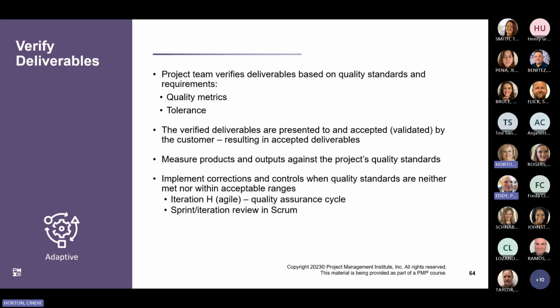Iteration H is a special iteration that occurs at the end of a program increment in the Scaled Agile Framework. It serves several important purposes, two of which are innovation and learning, and it helps to enable the team to focus attention on improving processes and to engage in learning activities to perform at a higher level on future projects.